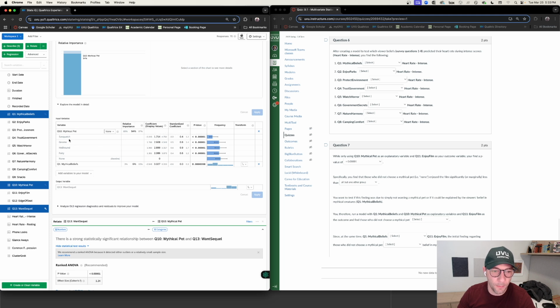These are all positive. So it looks like while controlling for mythical beliefs, those in the none category still enjoyed, not enjoyed, but wanted a sequel less than Sasquatch, Gnome, Hellhound, and Fairy. Right? Since these are positive, this was more and more than none.